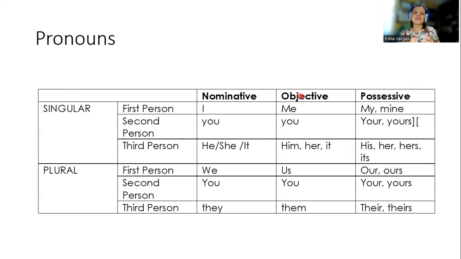These object pronouns are used after the verbs. So whenever you have a verb, you have an action verb. And there are also specific verbs that are combined with these object pronouns.